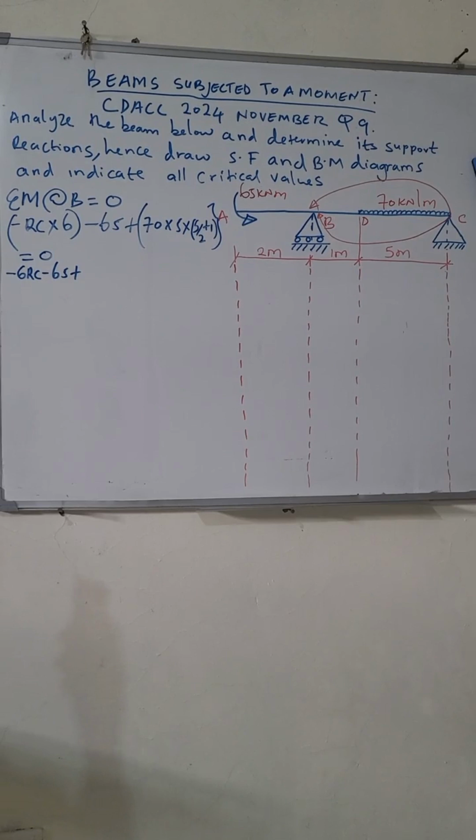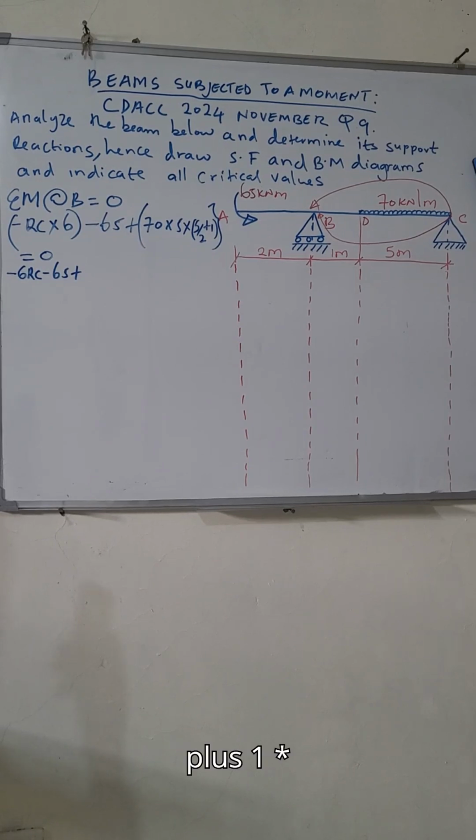So we have 2.5 plus 1, times 5, times 70.